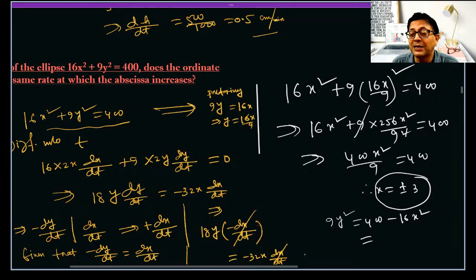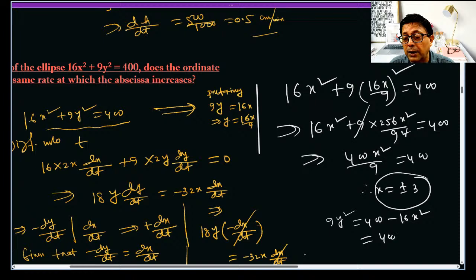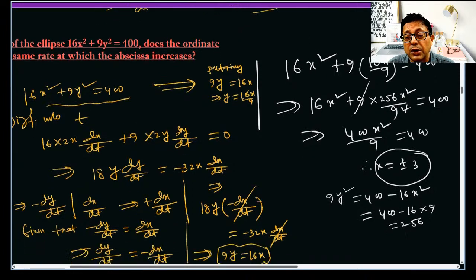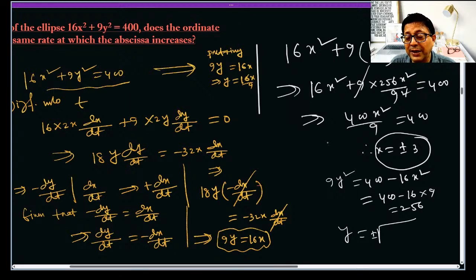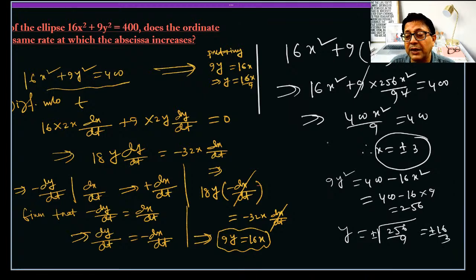So put x equal to plus minus 3 there. 400 minus 16 into 9 is 256. So y is going to be what? If you solve the quadratic, it is coming to be plus minus 16 by 3.